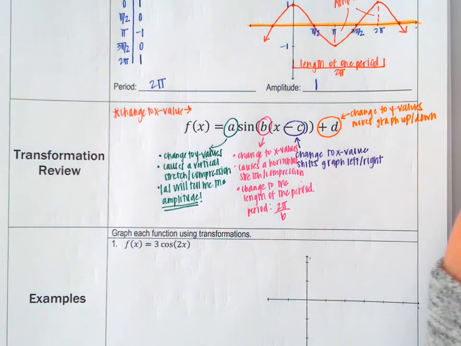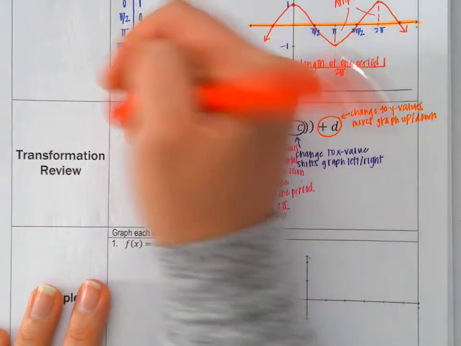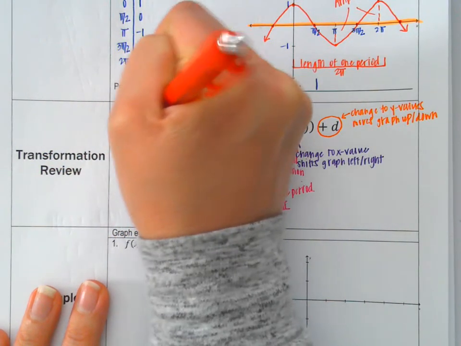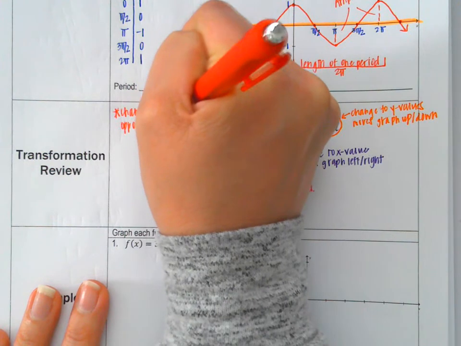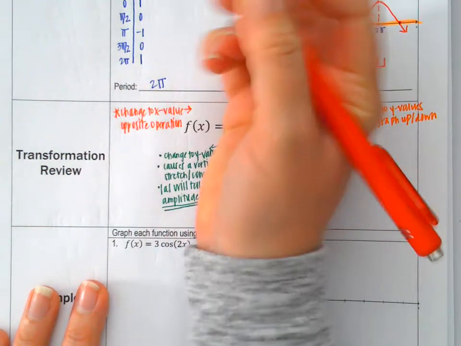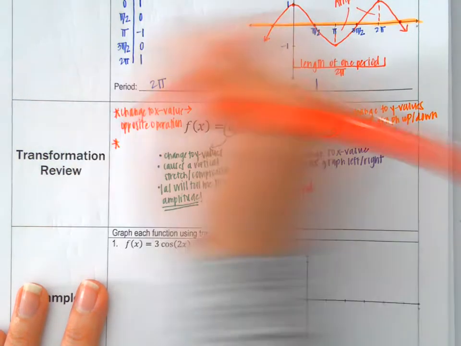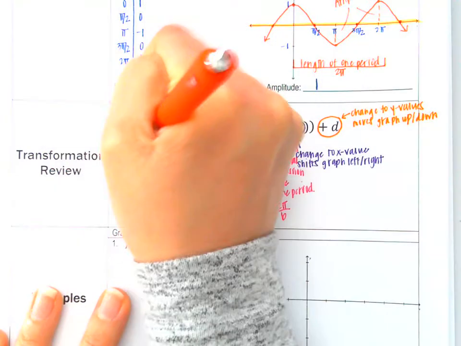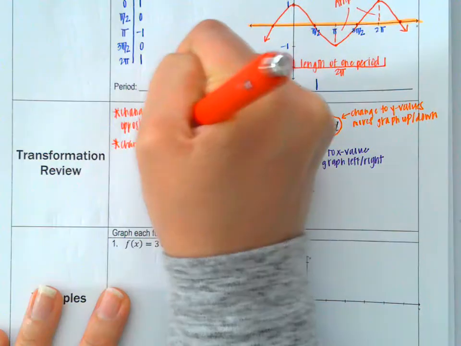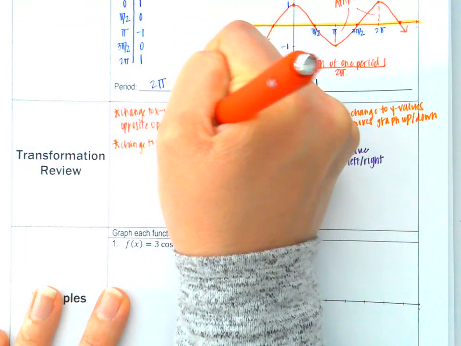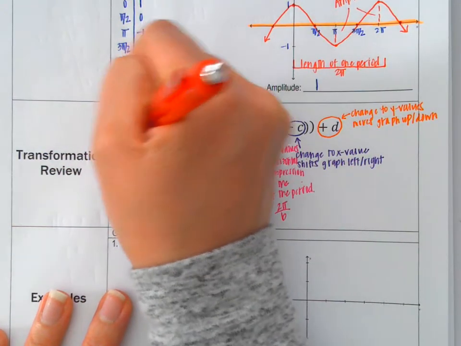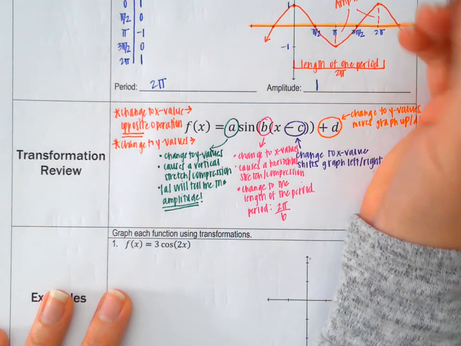And if you're saying the opposite operation, you are correct. And then a change to y: if x value is the opposite operation, change to y is the same operation.